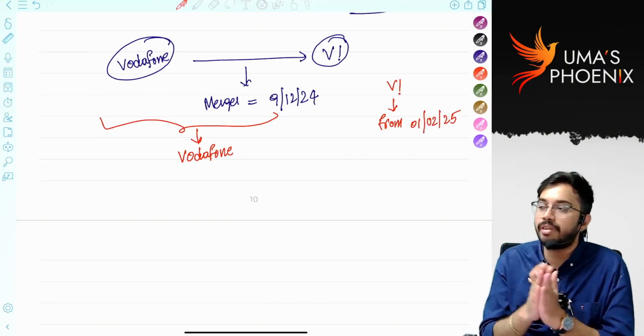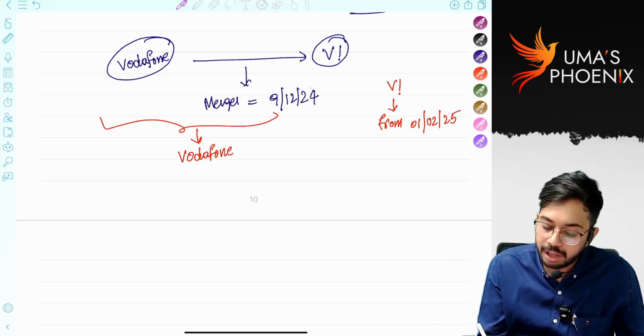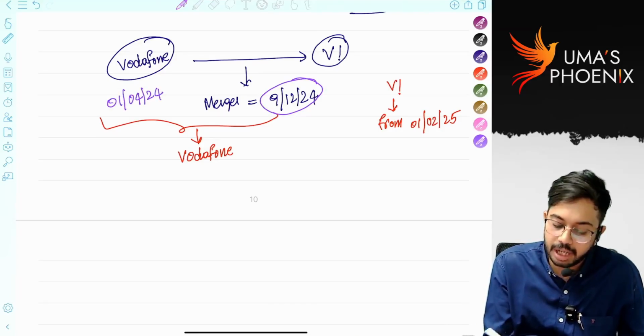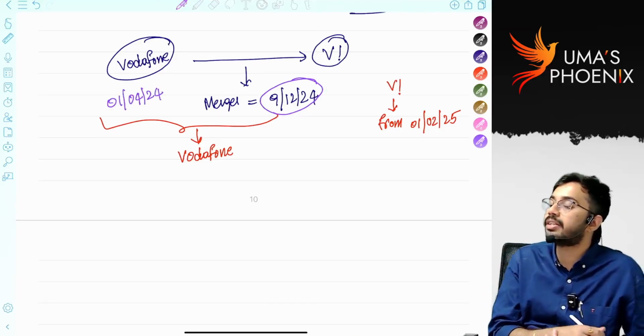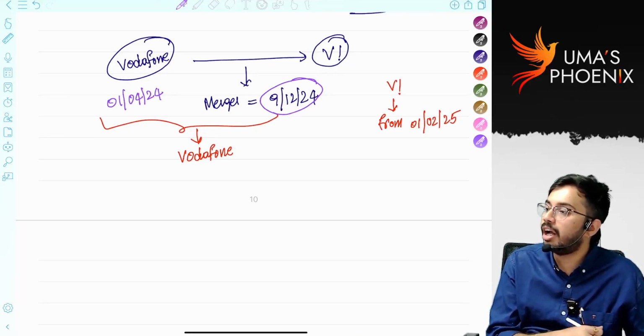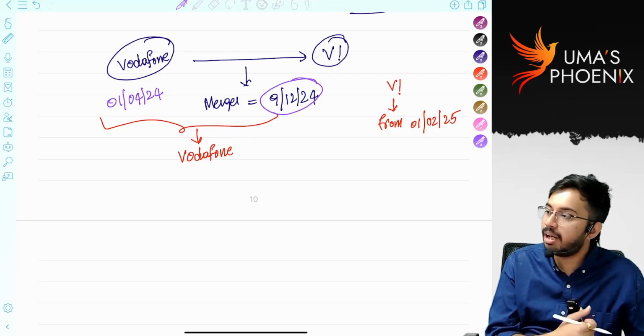Can you calculate the number of days of usage by Vodafone? 1st April 24 to 9th December 24. Calculate: April 30 days, May 31, June 30, July 31, August 31, September 30, October 31, November 30, December 9 days.